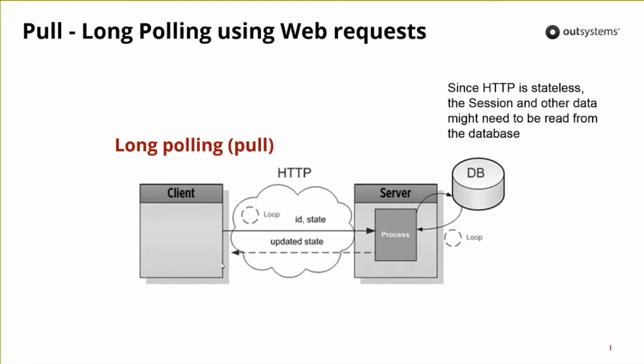Usually, the long polling request sends some state, probably the type of data it wants to verify, and the user session ID to identify its user. A single request like this often requires one or more database queries, one to load the user session and a few more to check for new data or execute business operations.